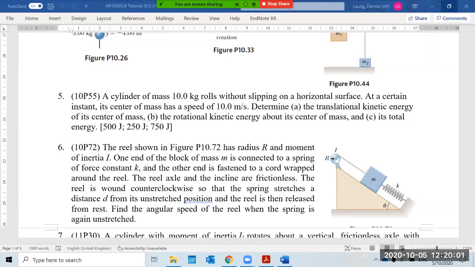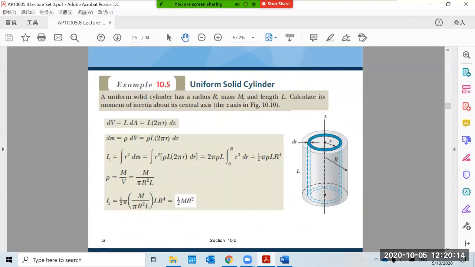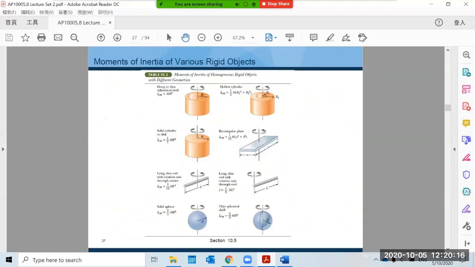The rotational kinetic energy is determined by 1/2 I omega squared. For a cylinder, I has to be determined by the equation here.